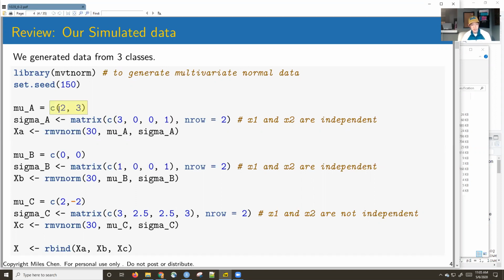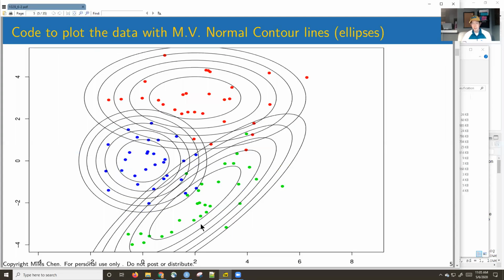One set is centered at 2, 3, another set is centered at 0, 0, and another set of data is centered at 2, negative 2. This set of data has a covariance matrix that exhibits high covariance. And so when we plot it, this is what our data looks like. We've generated data centered at 2, 3, 0, 0, and 2, negative 2.